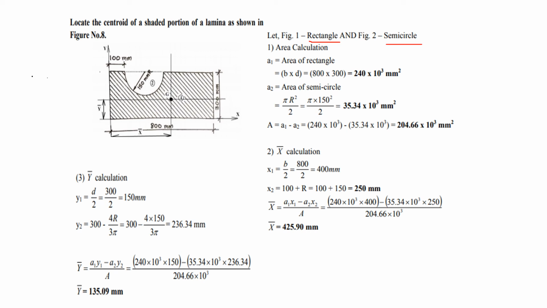So for 1, that is rectangle, area is B into D, that is 240 into 10 raised to 3 mm square. And for semicircle, area is pi r square by 2, that is 35.34 into 10 raised to 3.